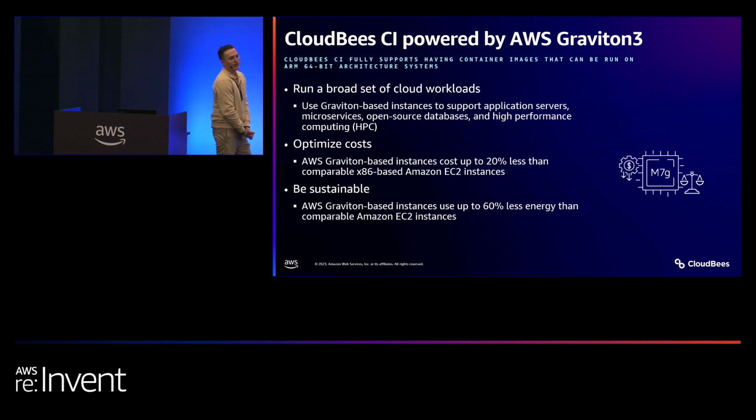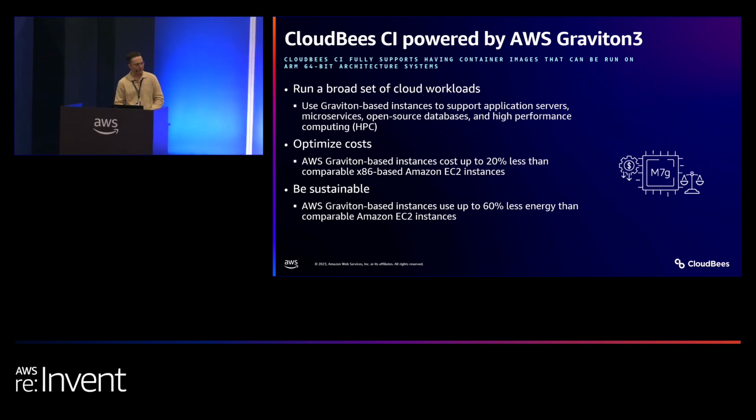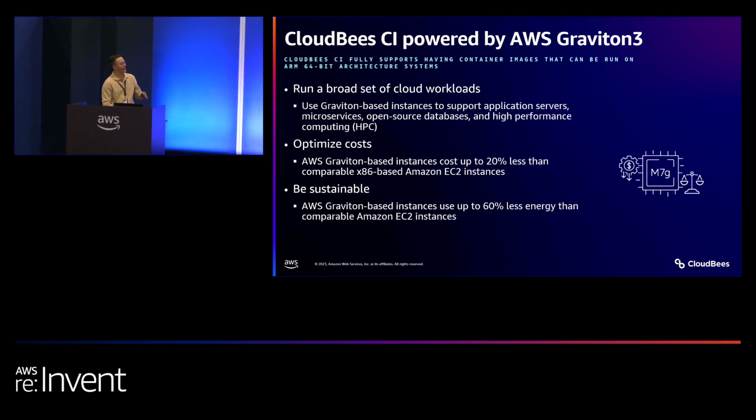AWS Graviton3, ARM-based architecture, everyone. Even if, again, I'll revert back to open source Jenkins, if you are an open source customer, absolutely take advantage of the cost savings that Graviton3 can provide for you. ARM-based architecture is basically designed to make any application extremely fast.